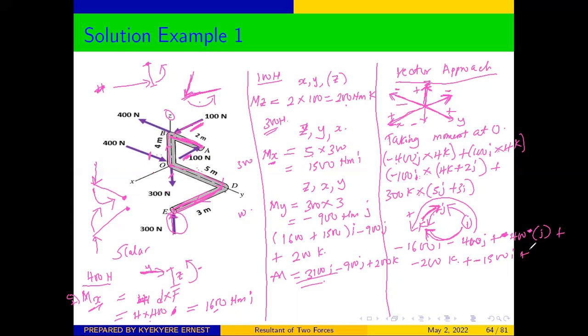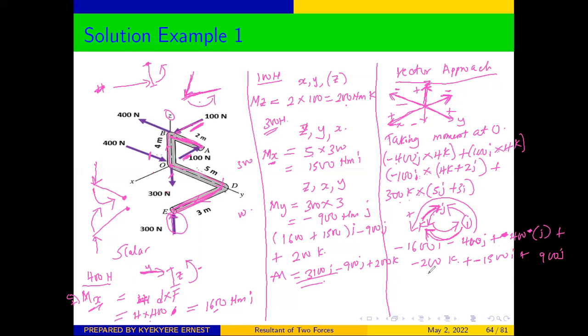And then the last one, we have 300k times 3i, and that will give us 900. But k cross i will be in the anti-clockwise direction, which is going to be positive j.